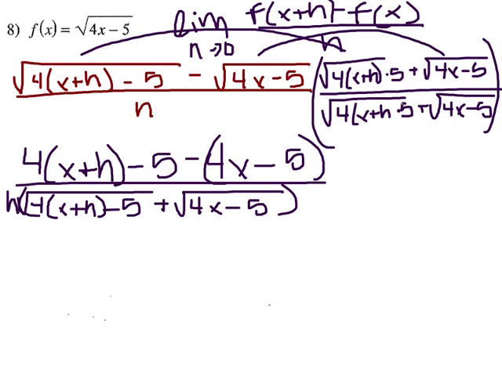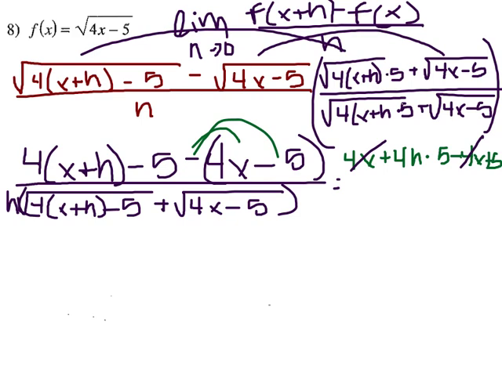And we will go ahead and simplify our numerator. I'm just going to do that off to the side if that's okay with you guys. I'll get 4x plus 4h minus 5 minus 4x plus 5 when we distribute out that negative. And that will simplify down: 4x minus 4x, negative 5 and 5 will cancel out.